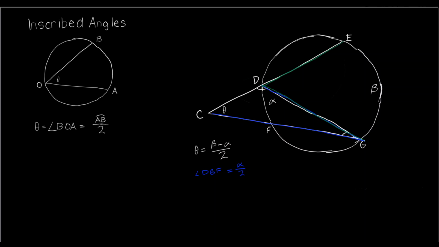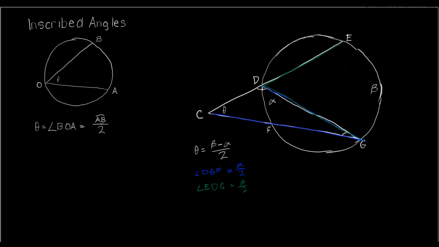Now let's look at angle EDG. Again, it's another inscribed angle, and using our inscribed angle theorem, we can say that angle EDG is equal to 1/2 of the measure of the arc it subtends, or beta over 2.